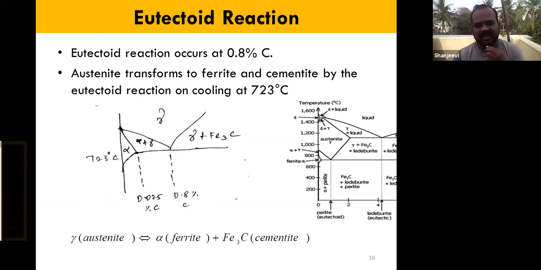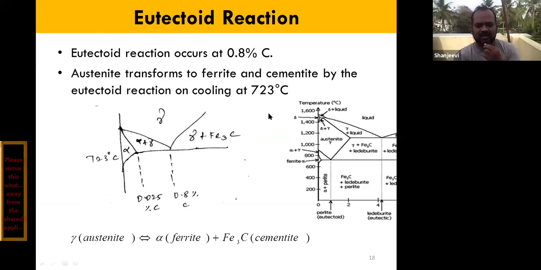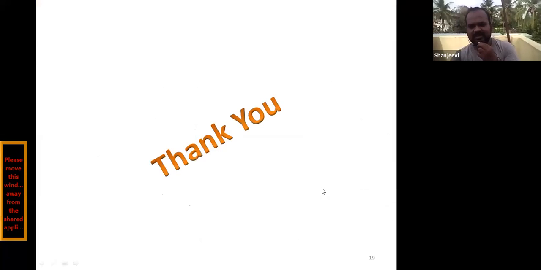That's it. And my humble request is that this diagram is the most basic for engineering materials. So all of you, whenever you have free time, draw the x-axis, y-axis, and the corresponding iron carbon diagram, and with practice you'll automatically be very strong in this. So that's what it is.